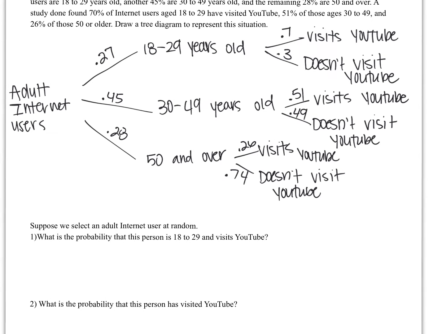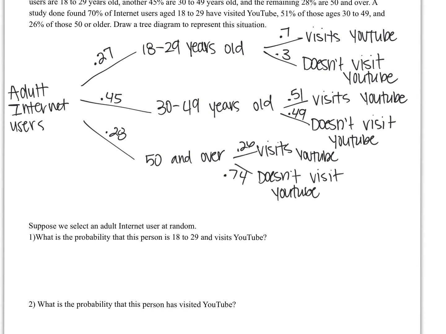Okay, so we're selecting an adult internet user at random. We want the probability that this person is 18 to 29 and visits YouTube. Okay, so on a tree diagram, to find an and, what we do is we multiply the branches.